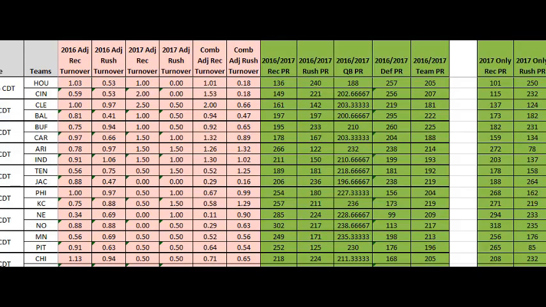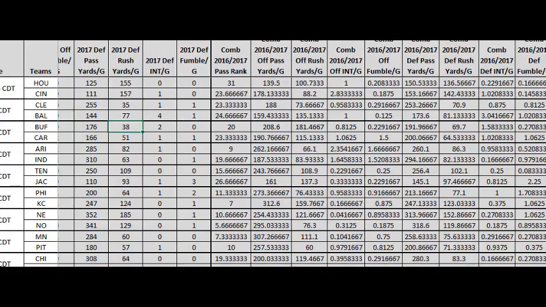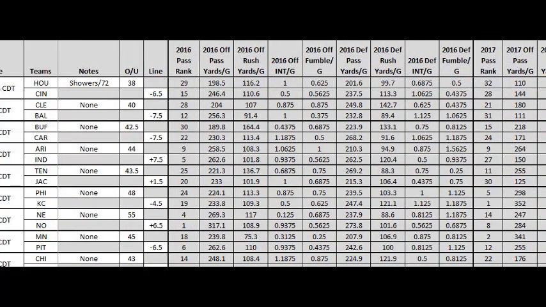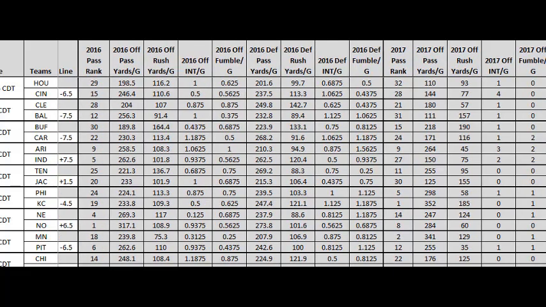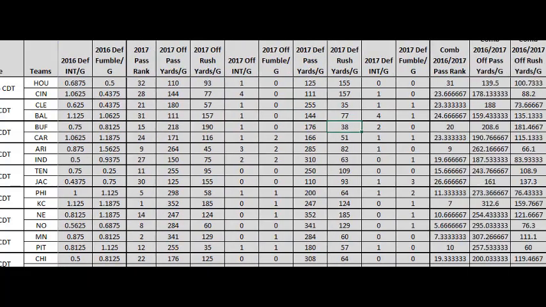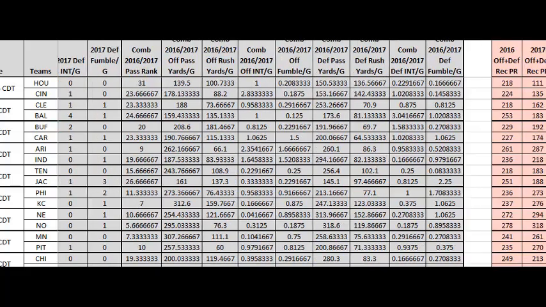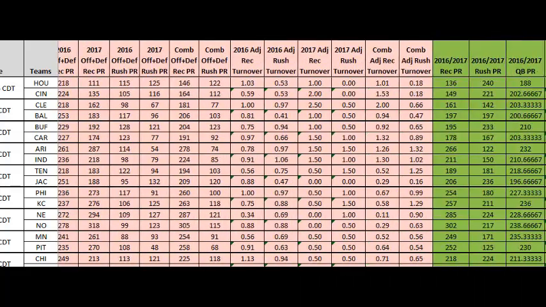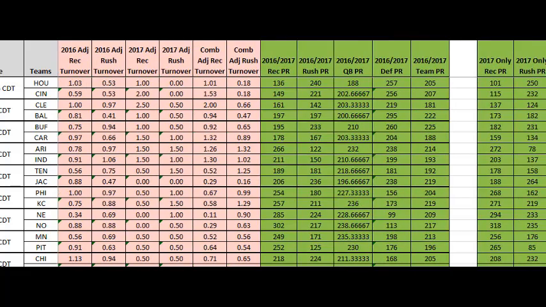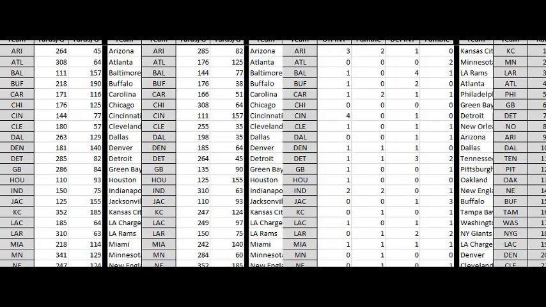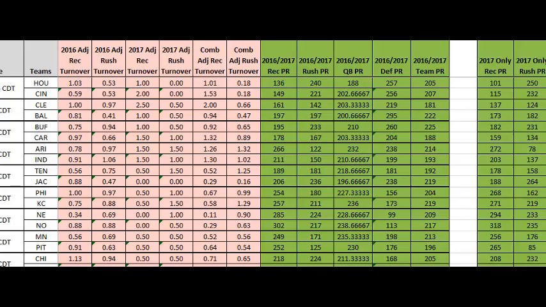If I just scroll around here, we take each matchup for the week, and it pulls in how the defense does, how the offense does, how many interceptions, how many fumbles, the quarterback ranking, pass yards, rush yards, all that information for each team, and it creates a power ranking or power number that then comes out. There are other tabs in here with more data, but you can get a good idea. There's just a lot of data that goes into it.